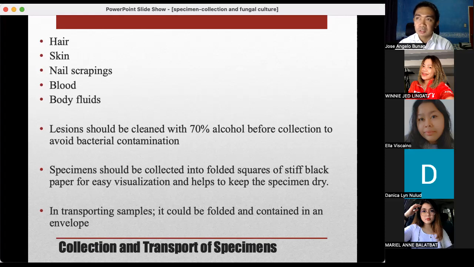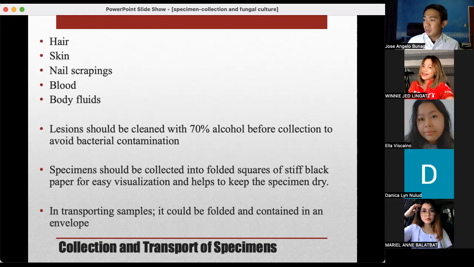So this is considered to be a lysis centrifugation system. And our isolator tube, this is considered to be the most sensitive method for the recovery of molds and dimorphic fungi.